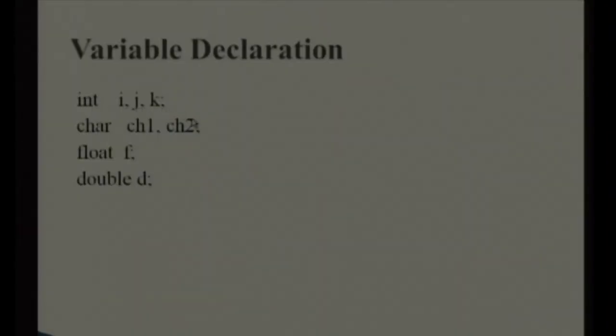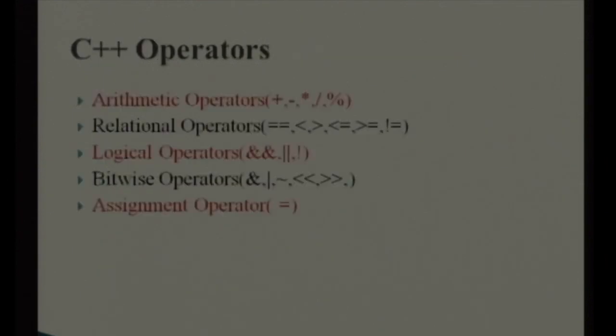How many integer variables are there? 3, very good. Character variables 2, and similarly one float variable and one double variable are declared. So, this is the declaration, and why do we declare these variables? Because we need these variables when we solve our problem. So, we declare those variables and then we use them for solving the specific problem.